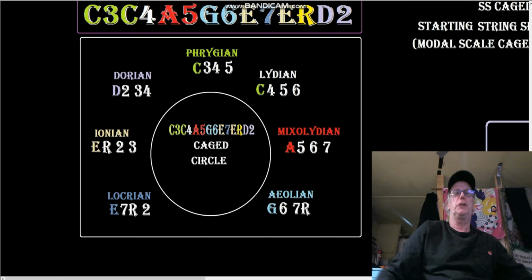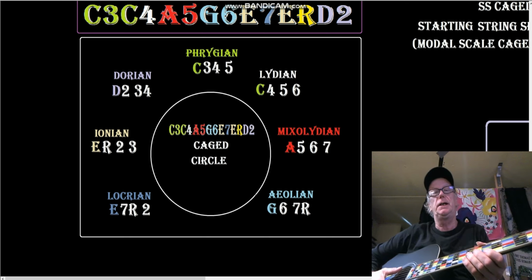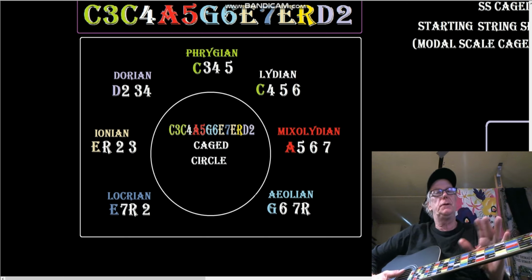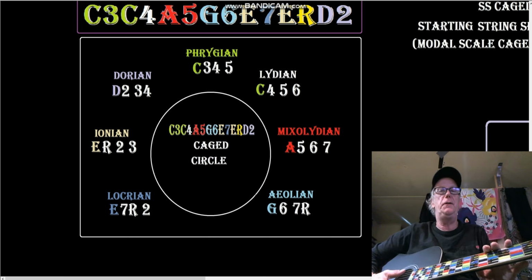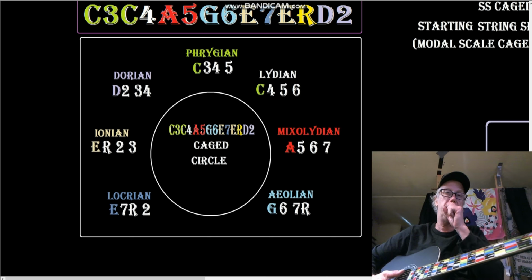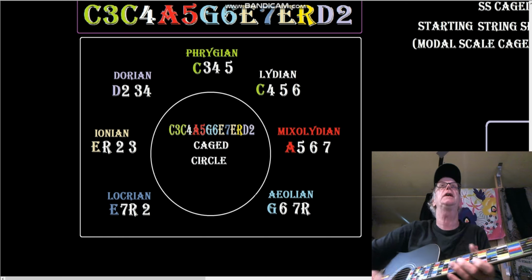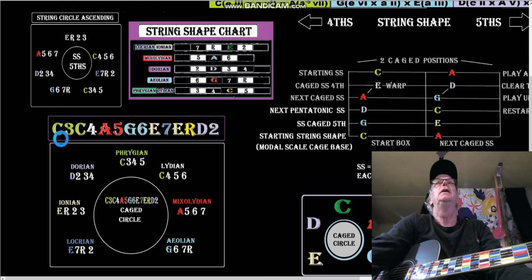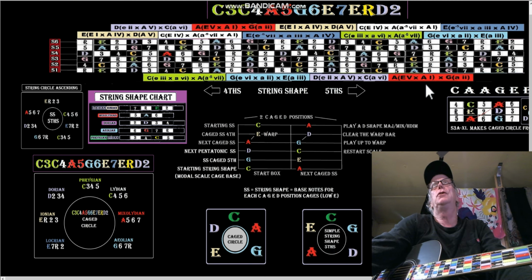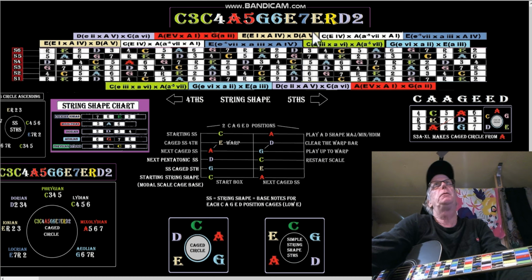The cutouts are all going to be on the G string. And the other thing to remember, if I'm repeating myself, it's important enough that when we just play the long patterns, we're going into the next cage, and that's including these long cages, this new cage system that I have here, which probably guitar players know about, because you can't get around it.